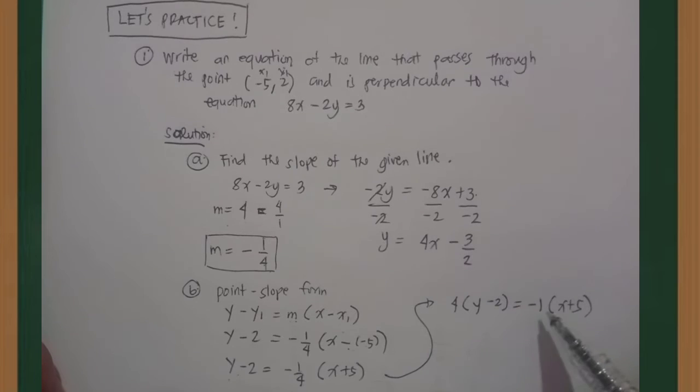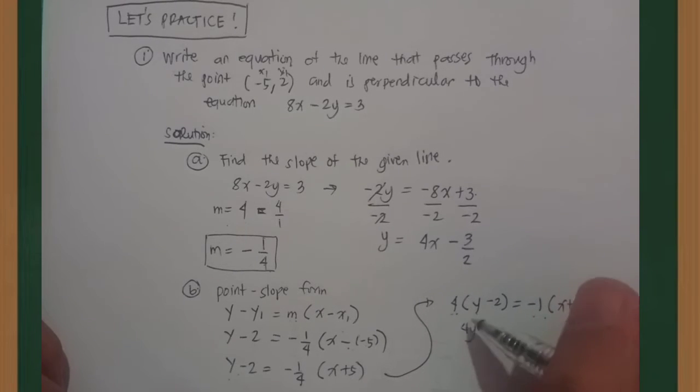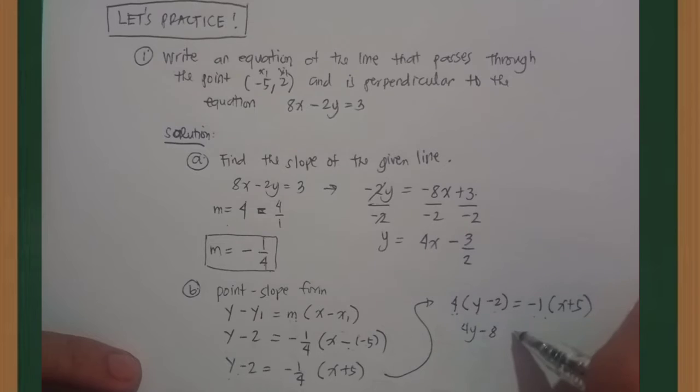We keep the negative 1 here, but the denominator 4 we multiply on the left side. Simplify: 4 times y, 4y; 4 times negative 2, negative 8, equals negative 1 times x, negative x; negative 1 times 5, the answer is negative 5.